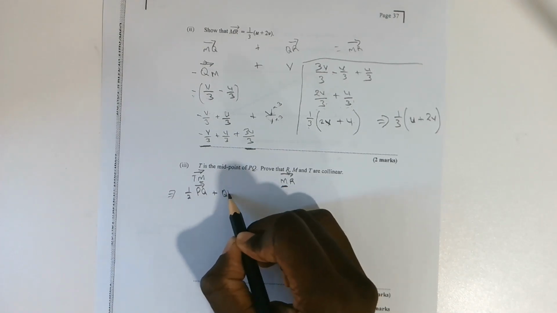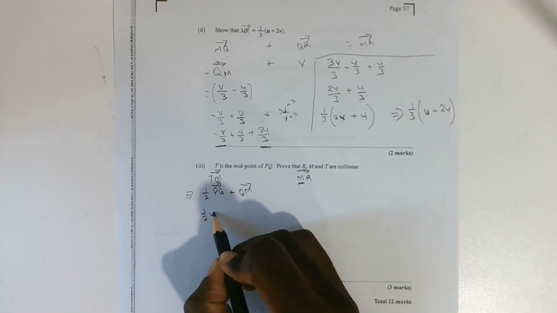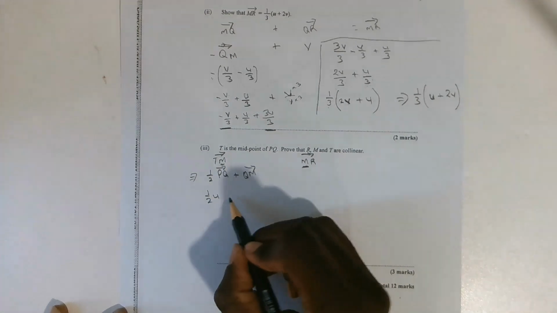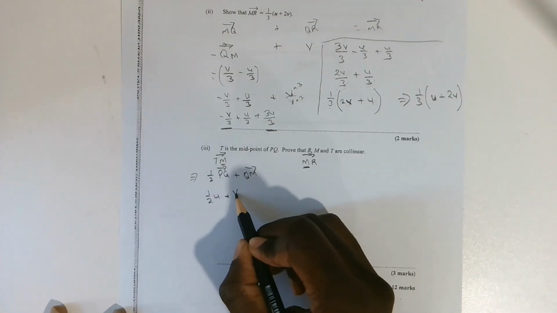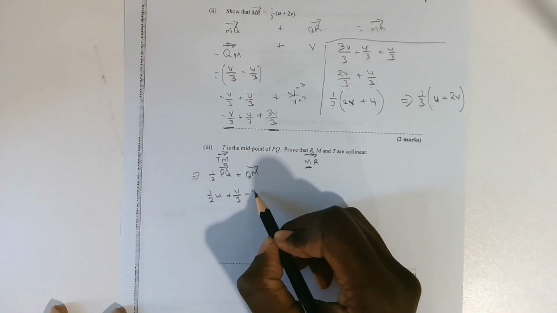So I can add vector QM. Simplifying this, I'll have half u, which is the PQ value, plus my vector QM value, which is v over 3 minus u over 3.